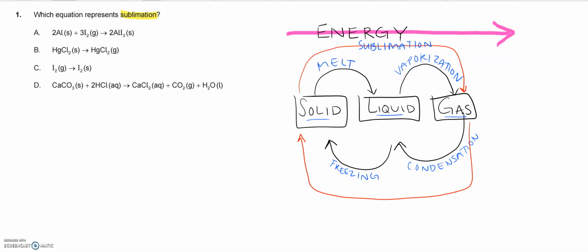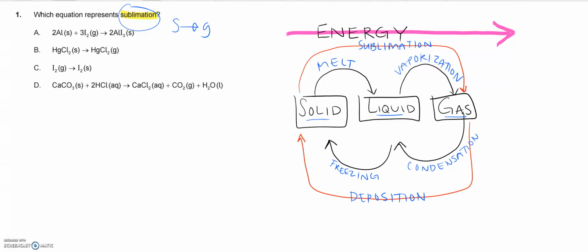And then if we're thinking gas to solid, that's called deposition. So those are our phase changes. So this one's asking specifically sublimation, so we are going from a solid to a gas. That's what it's asking us about.